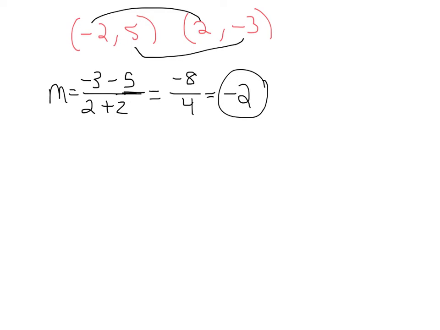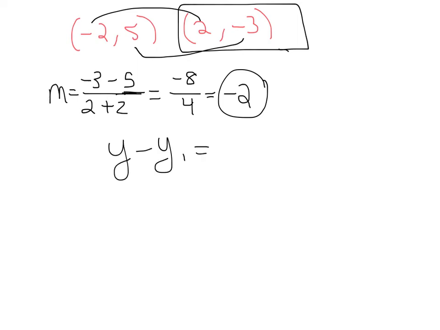Then my next step is to choose a point. So I'm going to choose the second point. Just follow along here. Even if you didn't choose this one, this is a good place maybe where you went wrong. So I'm going to write down my equation. This is helpful to do in the beginning when you still haven't quite memorized the formula yet. And all I'm doing is punching it in.